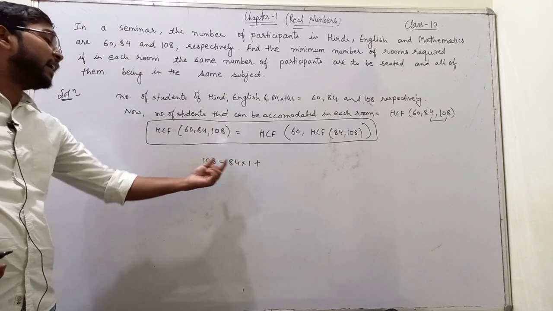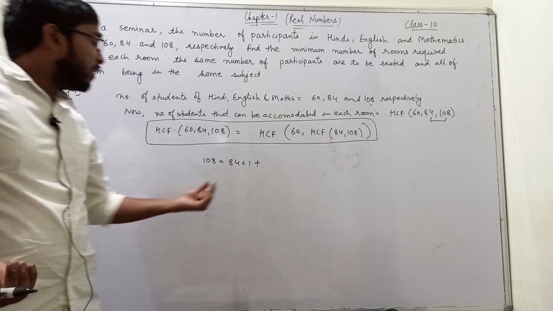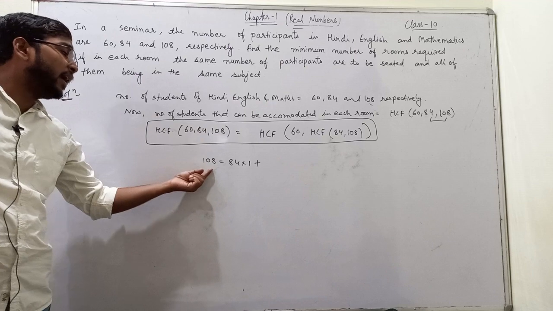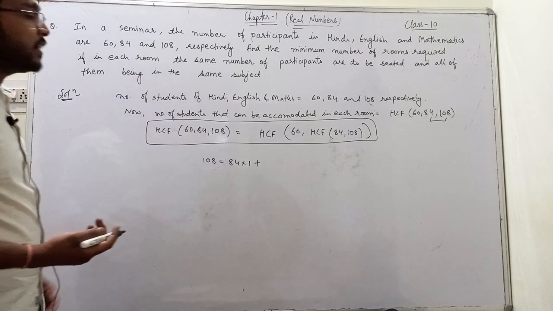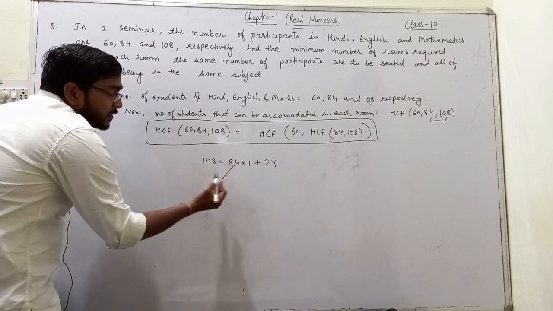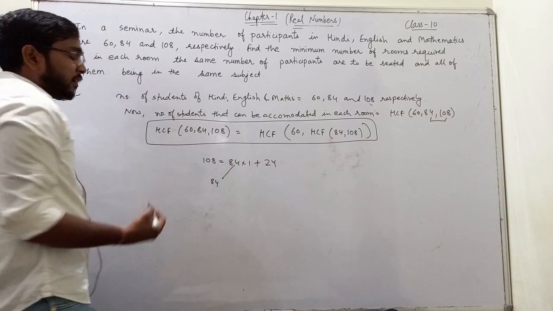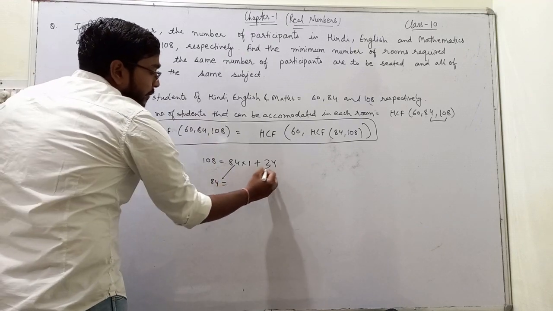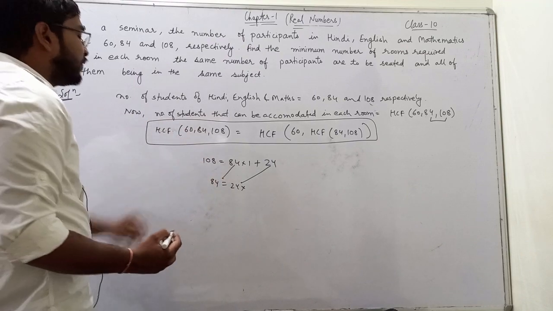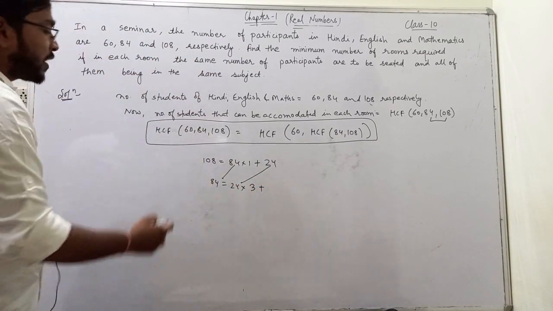Now first we will find the HCF of 84 and 108 as follows. If I subtract 84 from 108, I get 24. It is a non-zero quantity, so 84 will become the dividend and 24 will become the divisor. Now 24 divides 84 three times, which gives 72.